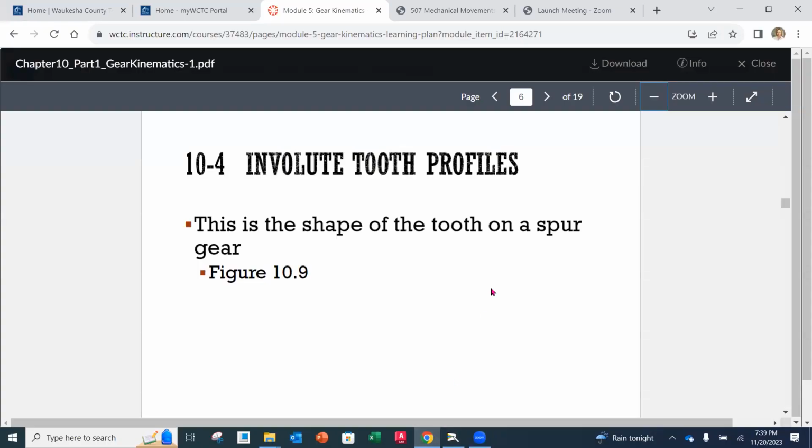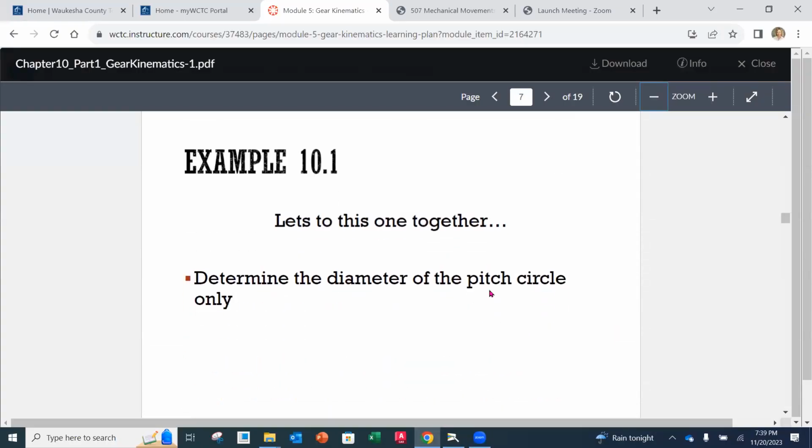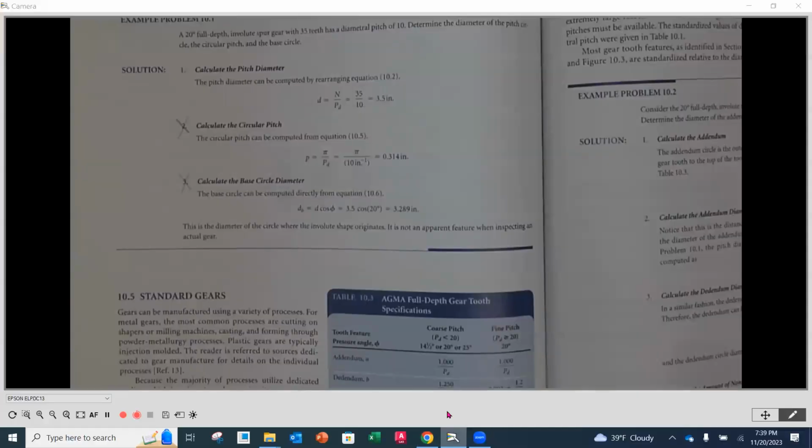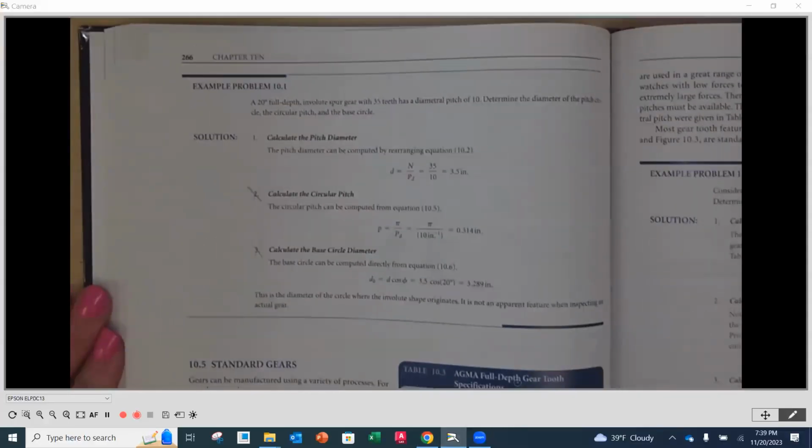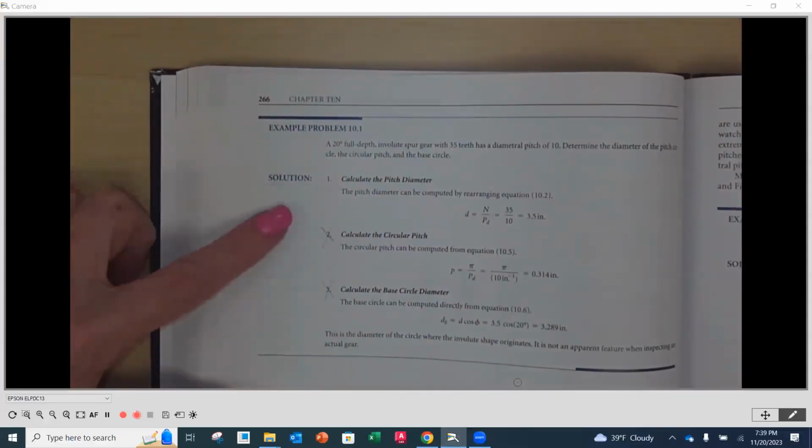All right. So let's look at an example here. Let's do this one together. So we want to determine what is the pitch diameter. I'm sorry, what is the diameter of the pitch circle? Or yeah, the pitch diameter for the description of example problem 10.1. So underneath our camera here, we're going to look at the top of page 266.